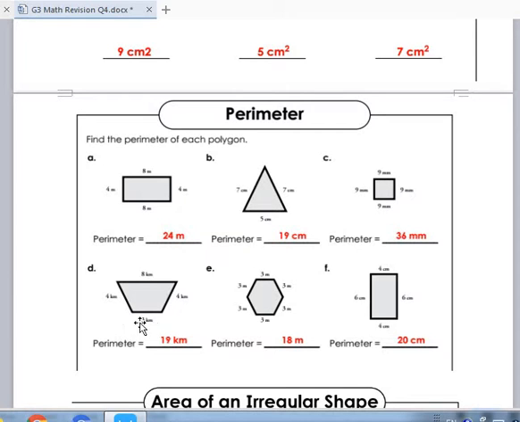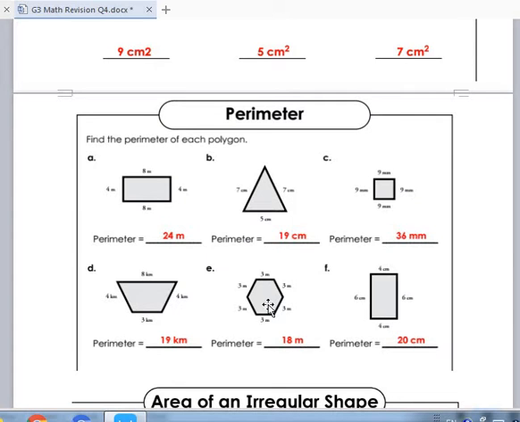In that trapezoid I have 3 plus 4 plus 8 plus 4, and the perimeter will be 19 kilometers. Here the unit value is kilometers, so I'm writing kilometers. Here it is meters, so I'm writing meters.